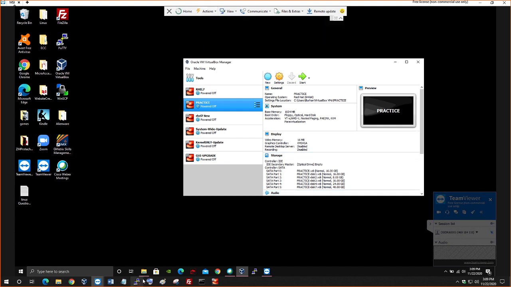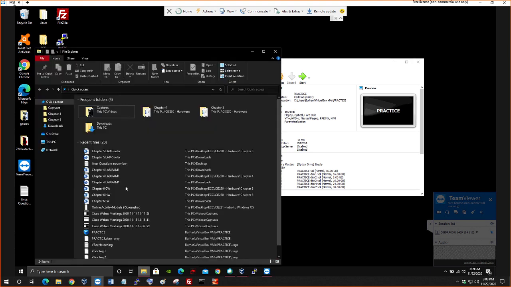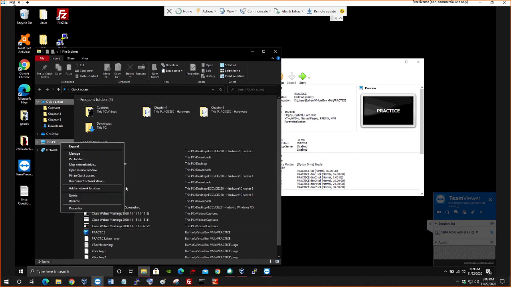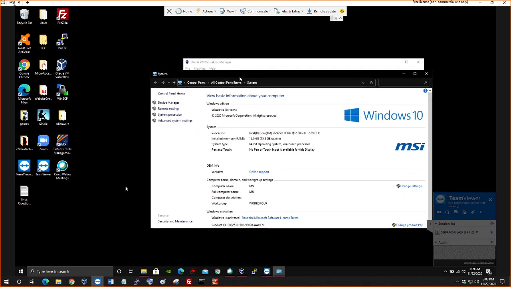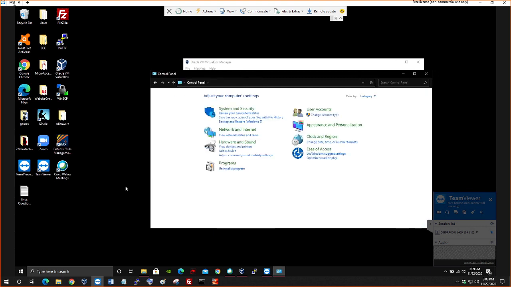No, so go in there, bring that here, we need to go into the properties. Yeah, bring that up. So right click on This PC and go into properties, and then click on control panel directly right there. Yeah, and then go into network and internet, click on that.